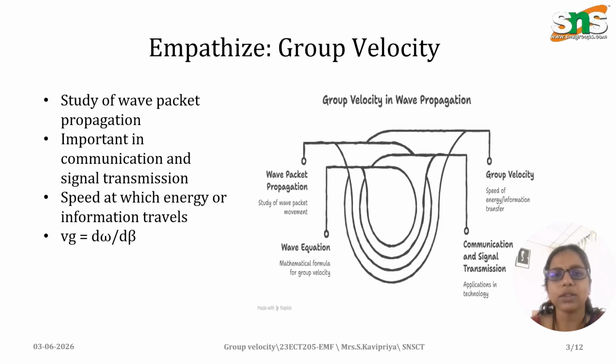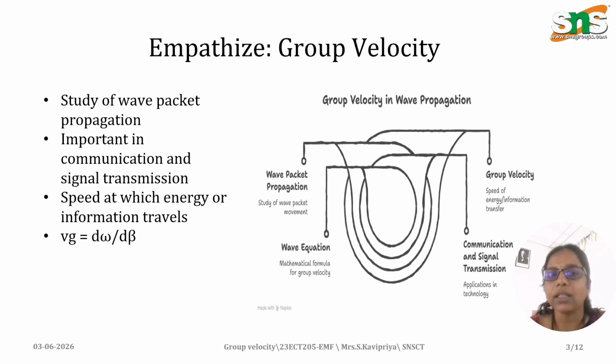So first, what is group velocity? What is the importance of group velocity? Through group velocity, we can determine the propagation of the wave packets. And group velocity is very important in communication and signal transmission. Group velocity is the speed at which the energy or information travels.